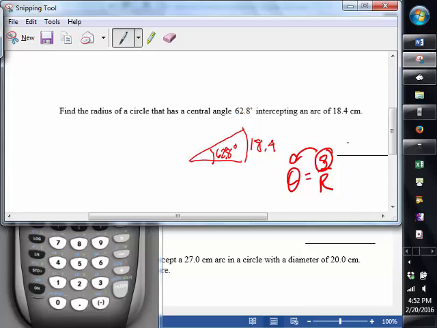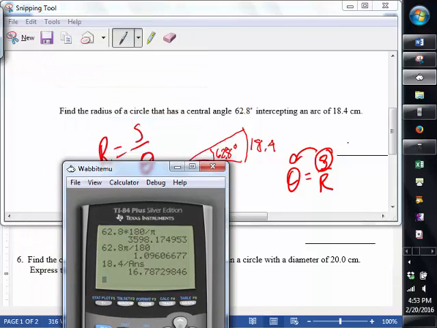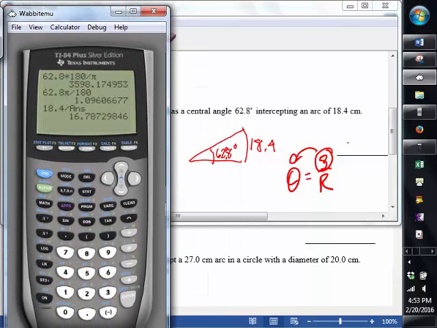So if we take 18.4 divided by our answer, R will be S over theta. Okay, so 18.4 divided by second function answer is 16.78. How many sig figs? I would say 3. Yep, 3 sig figs, so 16.8.